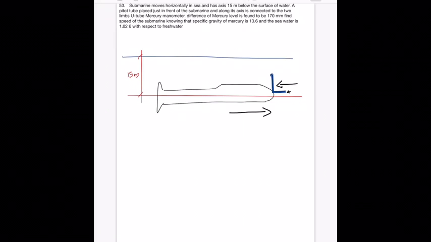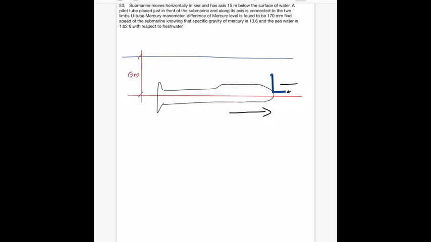So when the submarine is moving through a static fluid, the velocity that the pitot tube gives is actually the velocity of the submarine. The fluid is stationary and the pitot tube is attached to the submarine. The submarine is moving, so the pitot tube will give some velocity, and that velocity is that of the submarine.